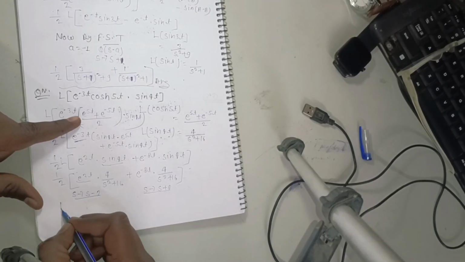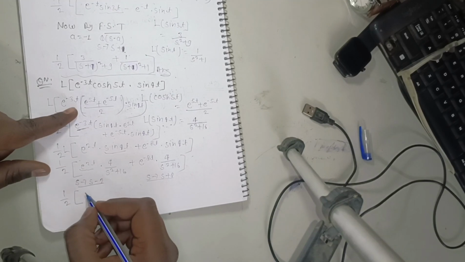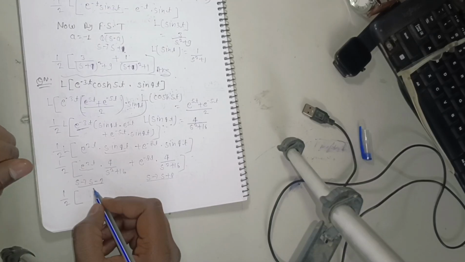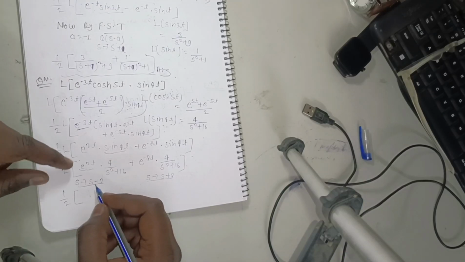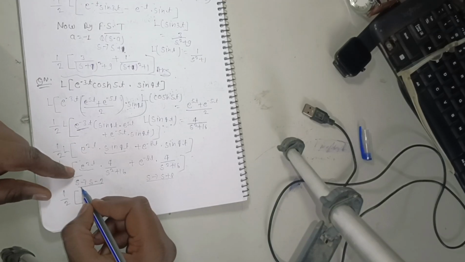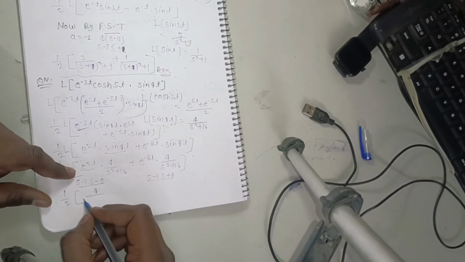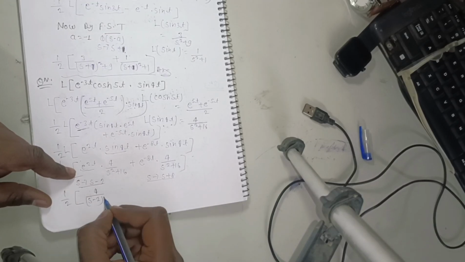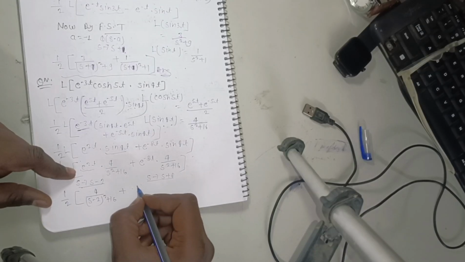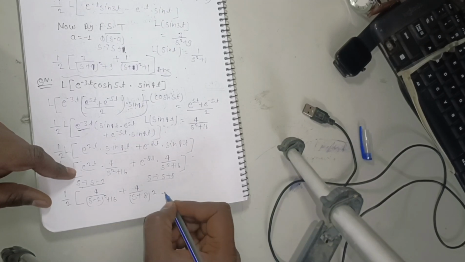So 1 upon 2, 4 upon s minus 2 whole square plus 16, plus 4 upon s plus 8 whole square plus 16.